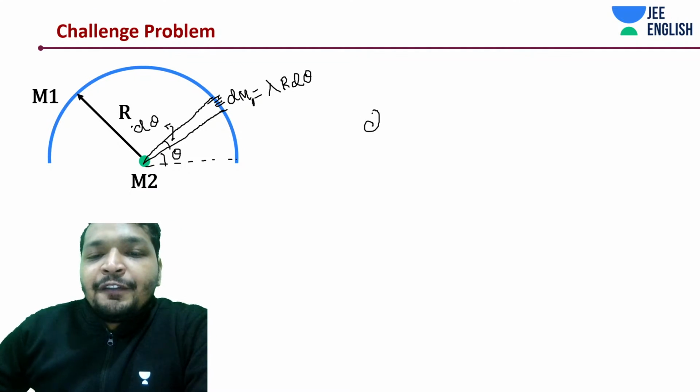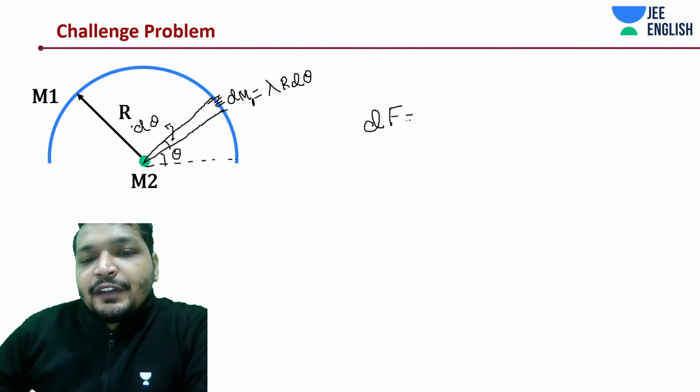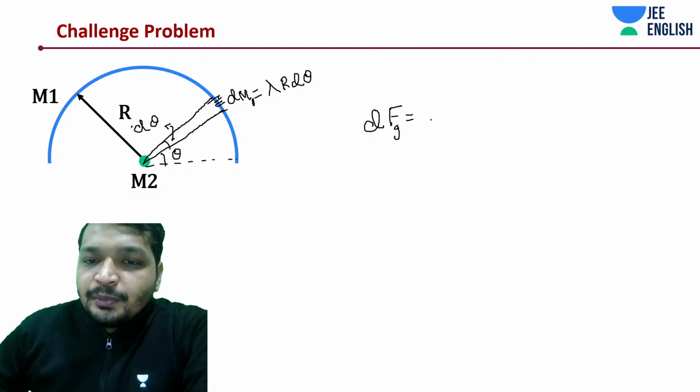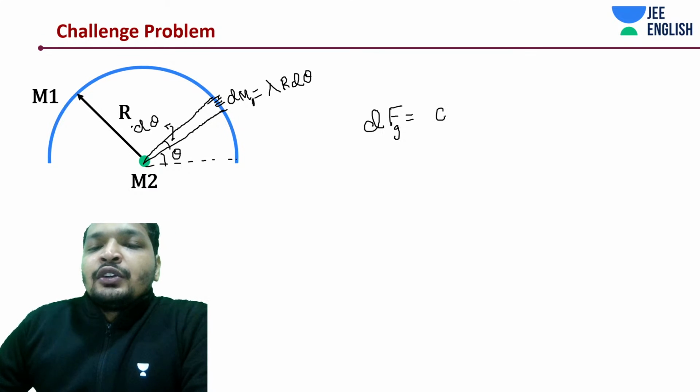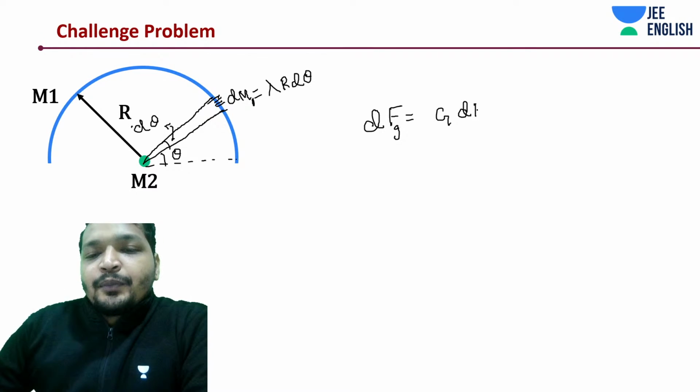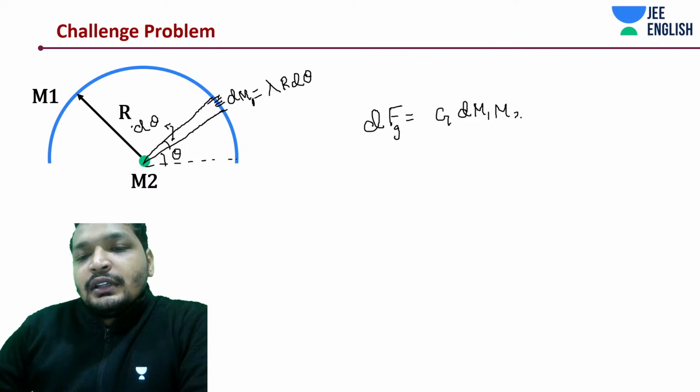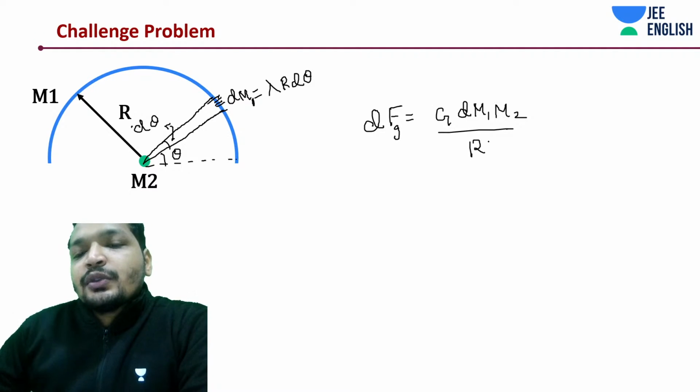So what is your df? First of all, we need to write down the df. dfg is going to be g into dm1 into m2 divided by r square.